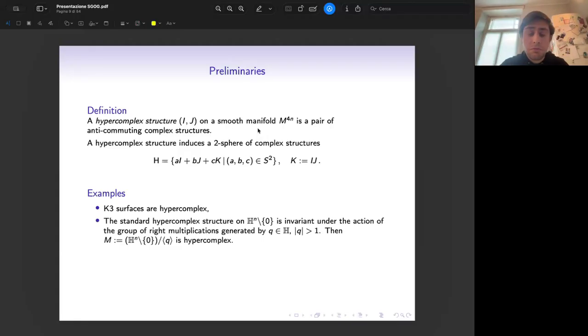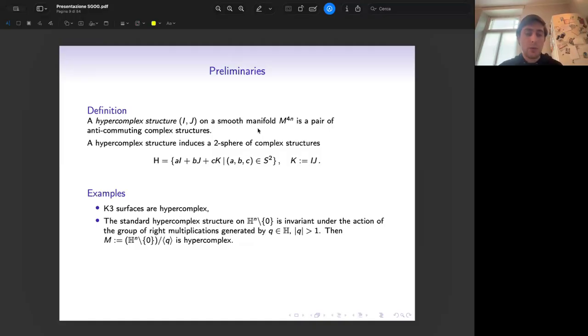We take n copies of the quaternions, we delete the origin, and the standard hypercomplex structure is then invariant under the action of right multiplication by a given quaternion q. Then what we can do is take the quotient.